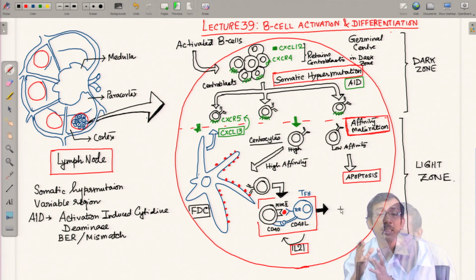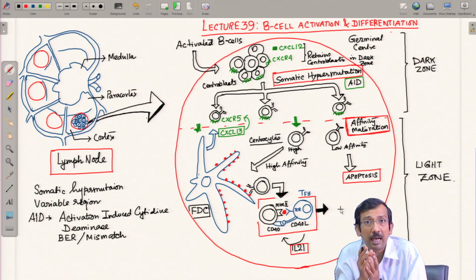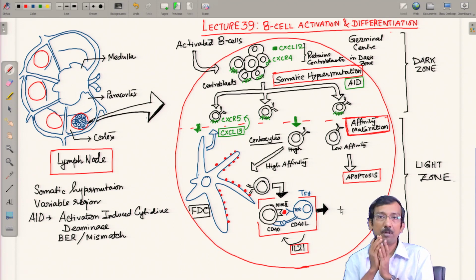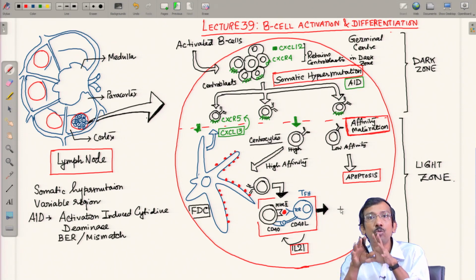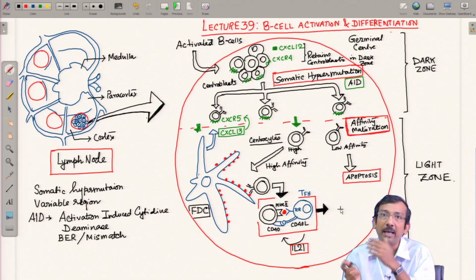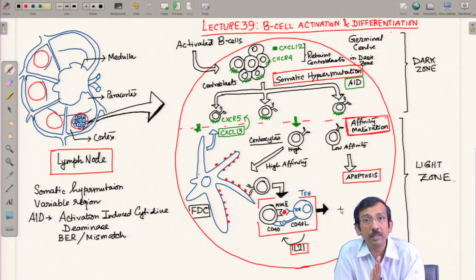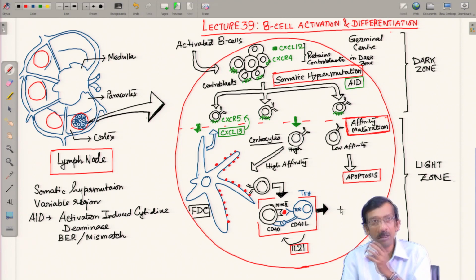So, now these antibodies, so far we were still having these IgMs on the surface. The main B cell receptors are comprised of these IgM molecules. Now, they will start to switch. So, there will be isotype switching, there will be class switching, and then they will start to produce different types of antibodies, like IgG, IgE.